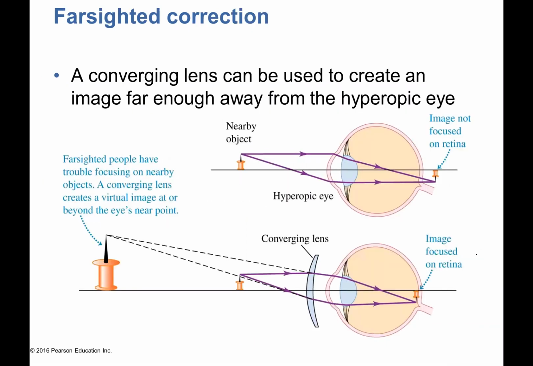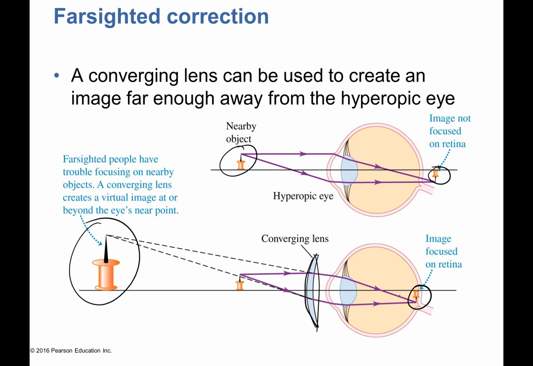Okay, so that's the idea. So you have a nearby object and the image is generated somewhere over there. Then you put a converging lens, which generates an image of the object further than it actually is, which then allows you to generate the image of that on the retina.